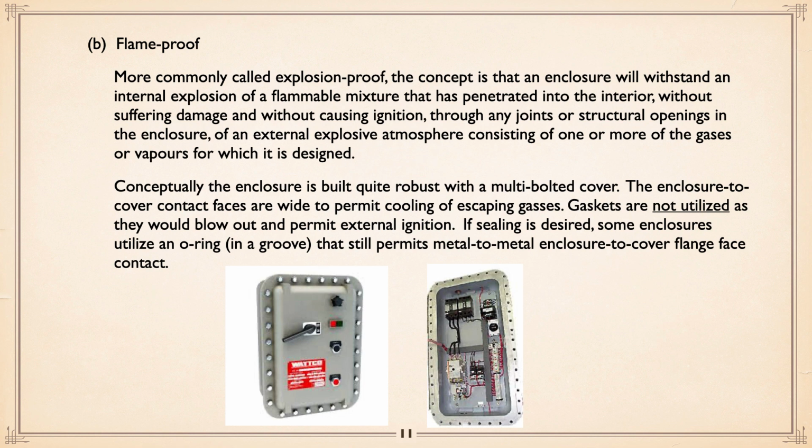How they normally do that is, you can see there's a million bolts so the thing isn't blowing apart, but gas can squeeze through, no gasket. Basically the gas can stream through, and in doing so is cooled so that the gas jetting out will not ignite what's in the room. So there's a small explosion in the enclosure, and this enclosure allows you to prevent a major explosion beyond that.